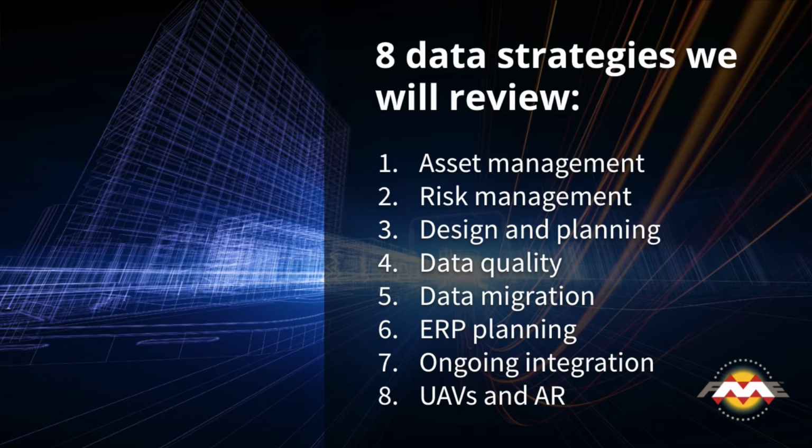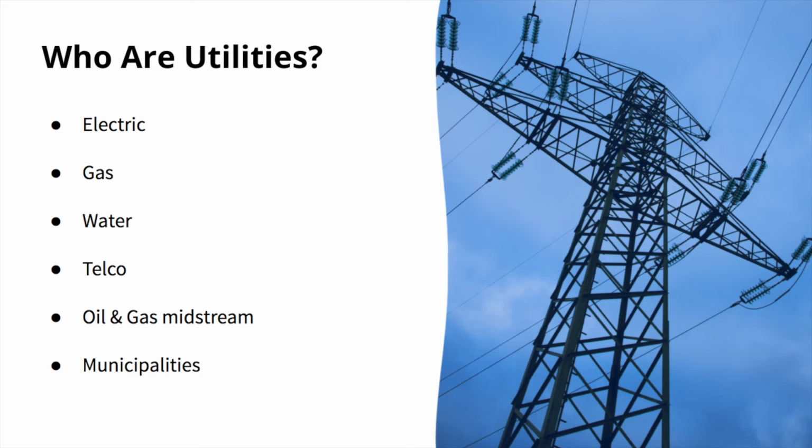So utilities: an organization that maintains the infrastructure for a public service, usually with some form of public oversight or regulation. Of course, that does include municipalities because they pretty well always incorporate a utility, particularly around water and wastewater. Often municipalities also have some form of electric distribution.